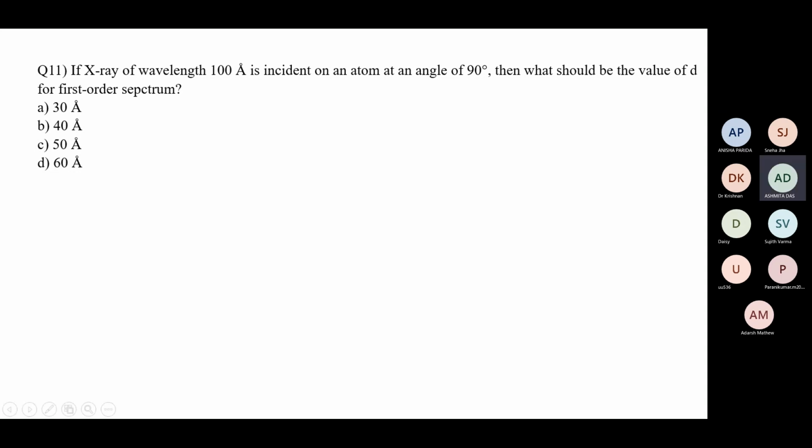Yes, you're audible. So anyone able to solve this question?